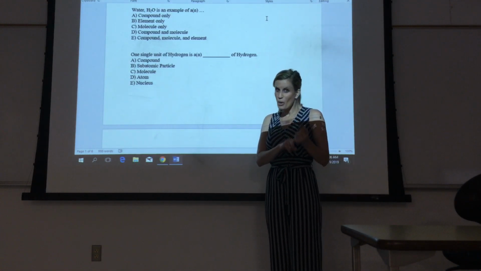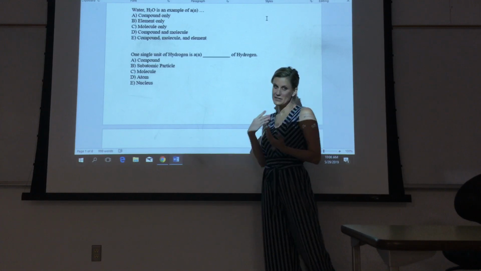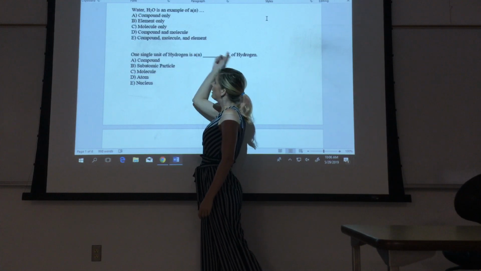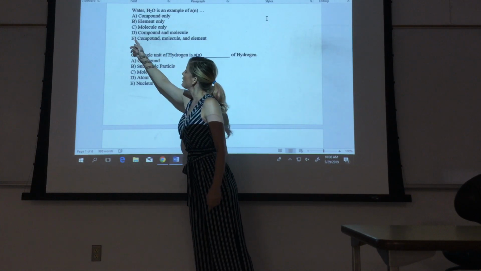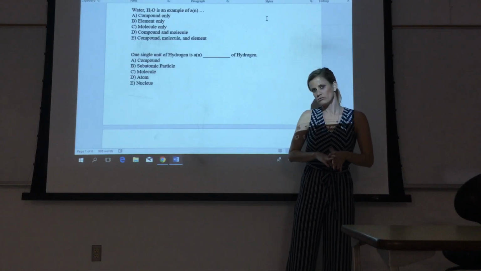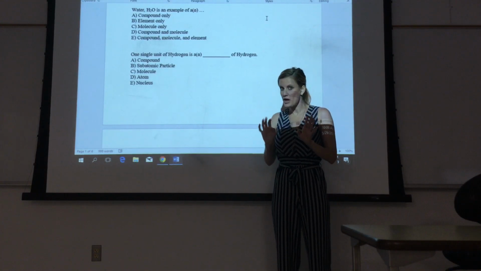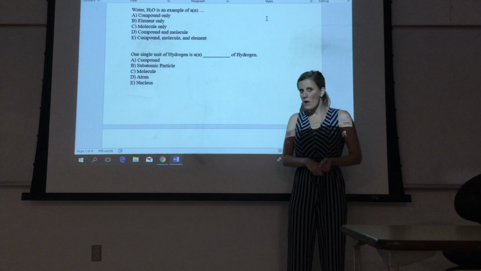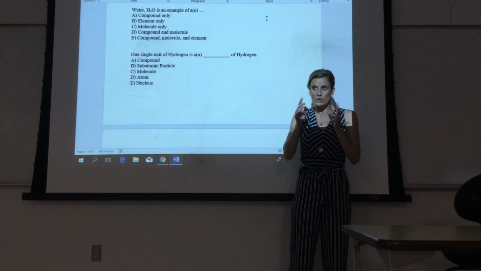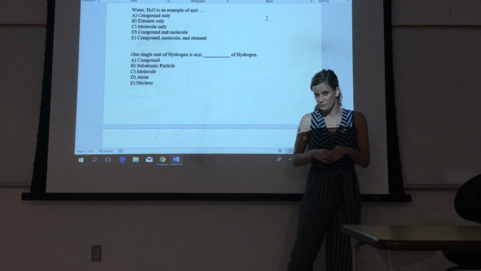No, I just said it was both. So the answer would be D, a compound and a molecule. It's not an element, so not E. Now, if it was just H2, two hydrogen together without the oxygen, remember that would be a molecule, but it would not be a compound because only one element is present.